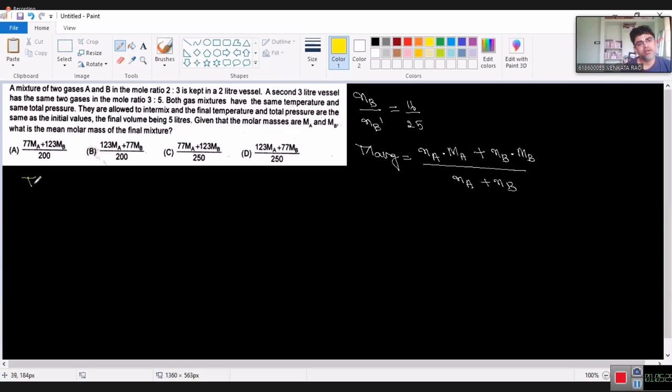Now here I write molar mass average is equal to Na. Here we have 2 vessels and both are mixed.